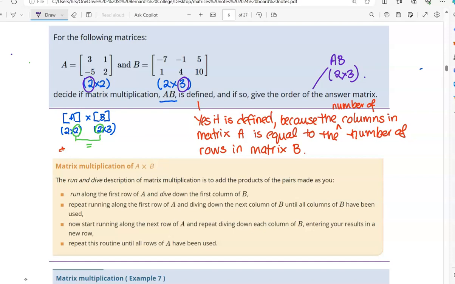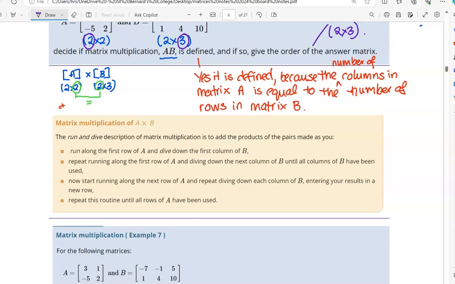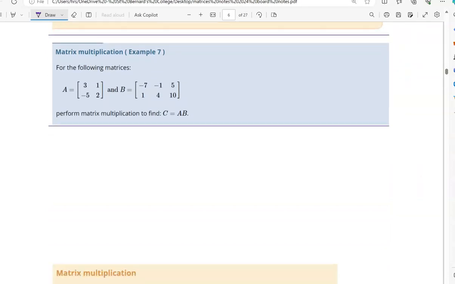You need to know this. We use what's called the run and dive technique, and you just keep repeating it until you finish. Let's have a little go so that you can see what's happening.